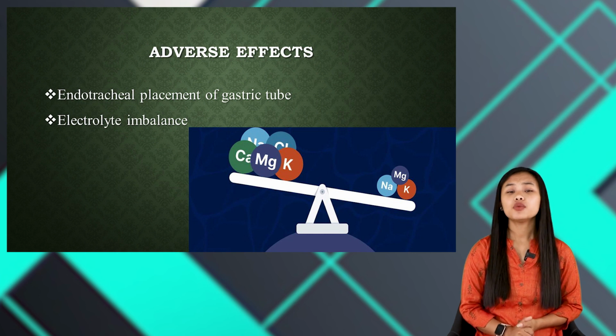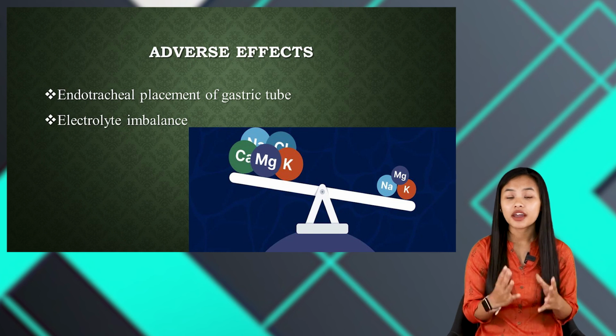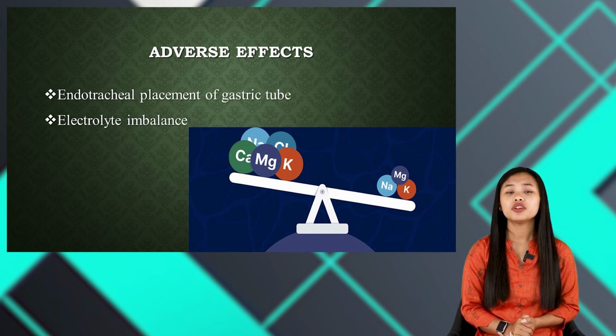Even when you perform this procedure, you should make sure that you do it carefully. Before you perform this gastric lavage, as soon as you have inserted the tube, in order to make sure that it has been correctly placed into the stomach, you must aspirate the gastric content.